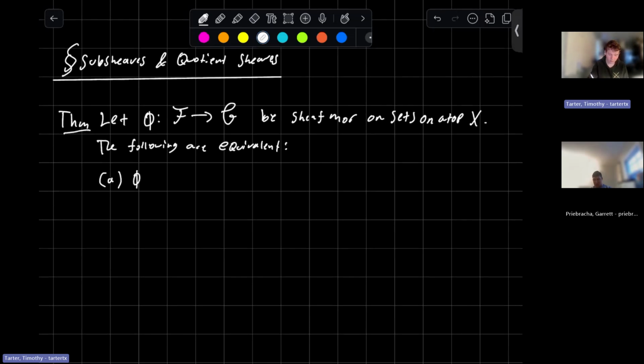So, phi is a monomorphism in the category of sheaves.